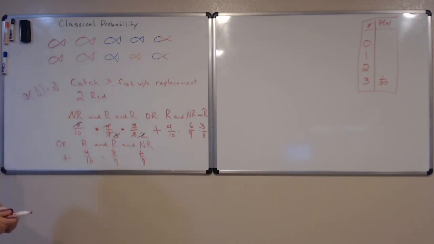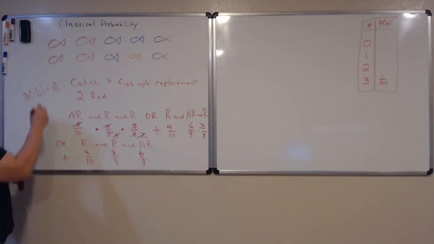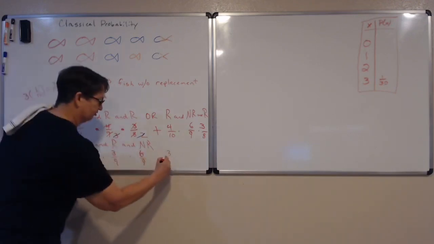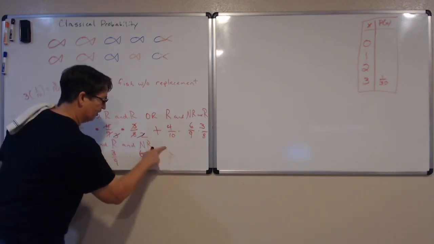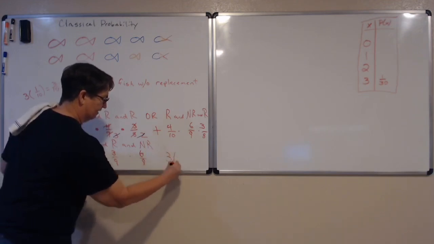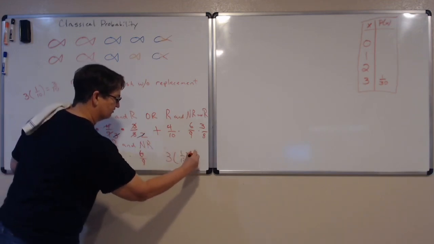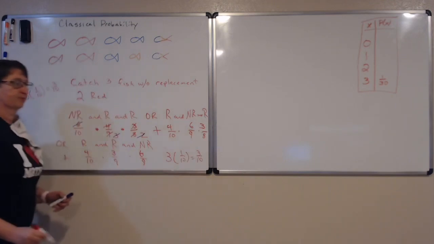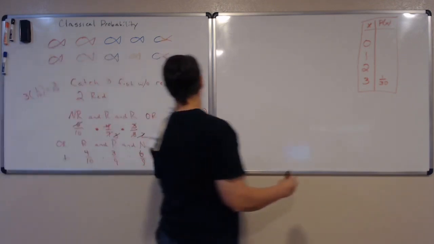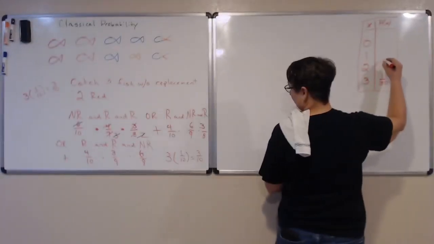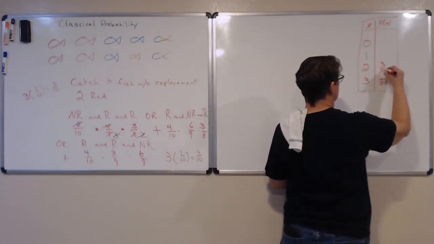So the probability here is, I'll write it down here too, 3 times the 1/10, which gives me 3/10. So to get exactly 2 redfish, I've got 3/10.